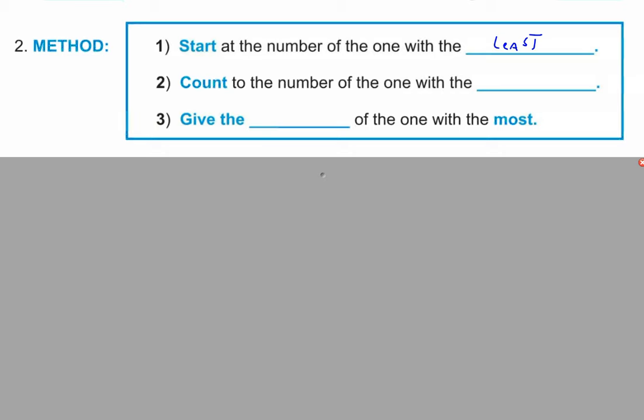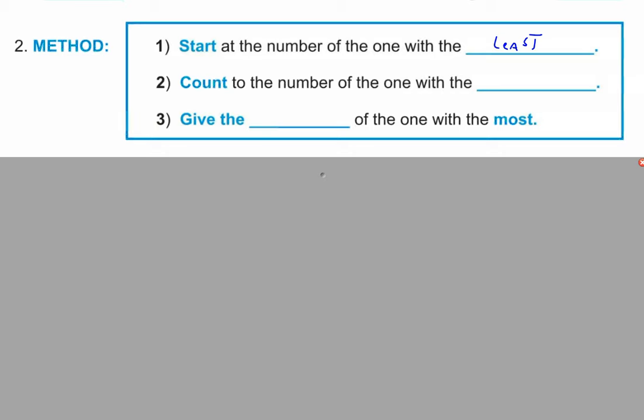For example, if I had 2 apples and 5 oranges, which one is the one with the least? The 2 apples, right? If I had 4 pears and 1 Lamborghini, I'm not talking value, which one is the one with the least? One Lamborghini.